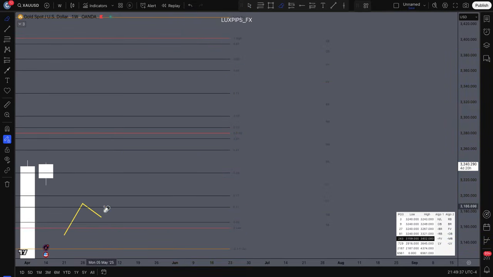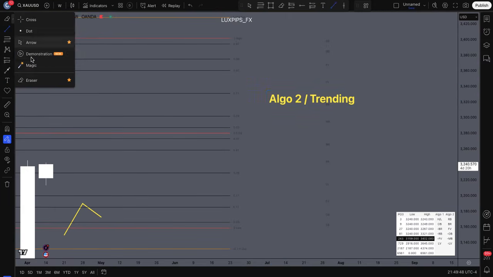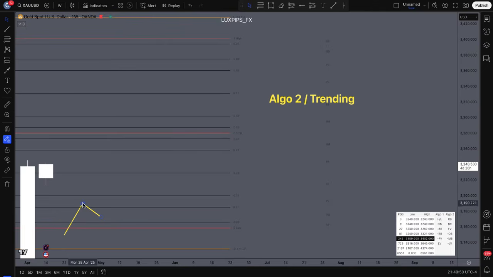So Algo 2, the trending model. So here, you can expect price to enter, you come up to the breaker zone. From the breaker zone it comes to the FEG zone.